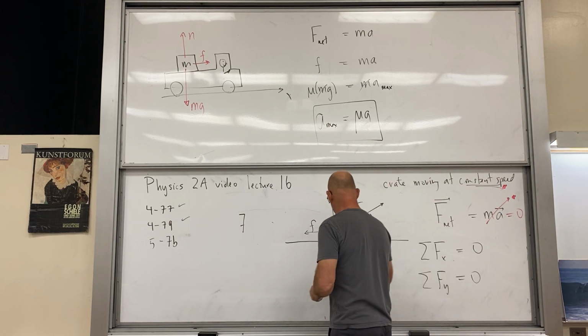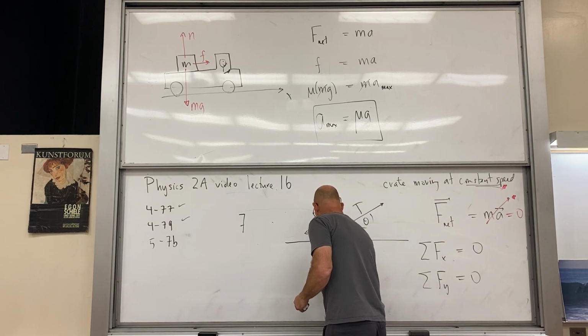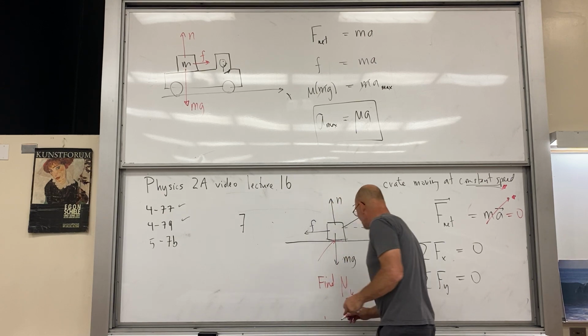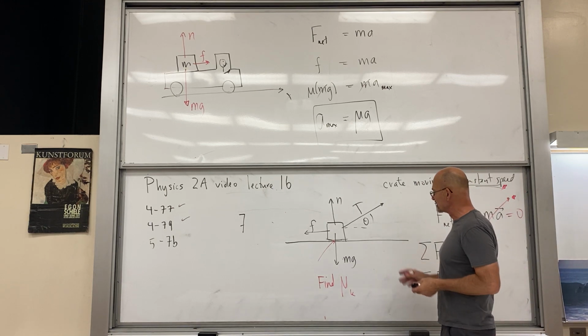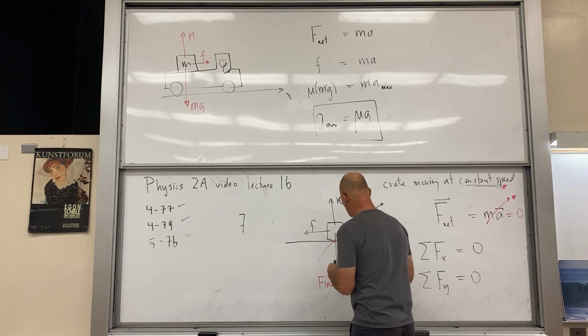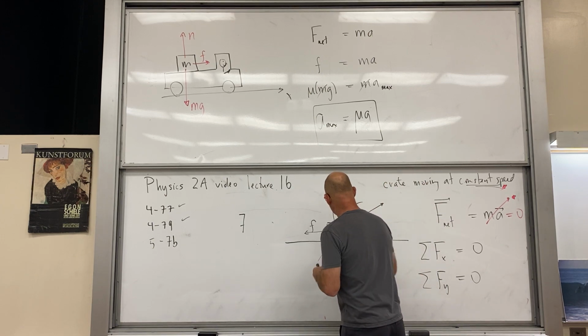So find mu sub k. Kinetic friction is when things are sliding. Static friction is when they're not sliding. And we have a mass here. Good.